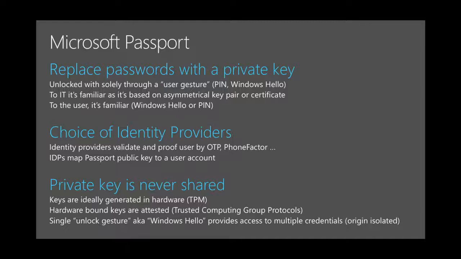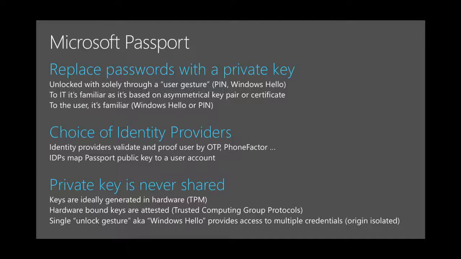What we do with Passport is we replace passwords with a key pair. The key pair is generated the moment the device or the user generates a trust with an identity provider, and I'll talk through the process in a minute, right? The private key is always on the device and never leaves the device.